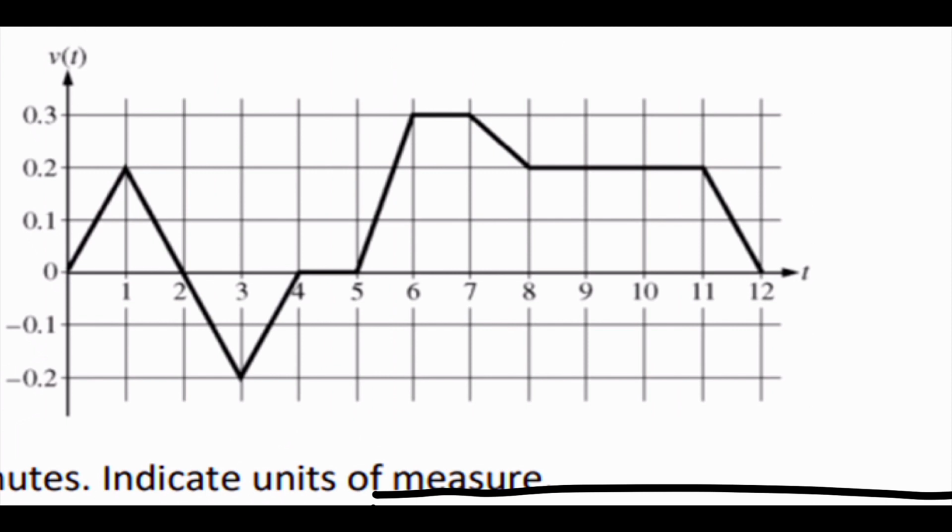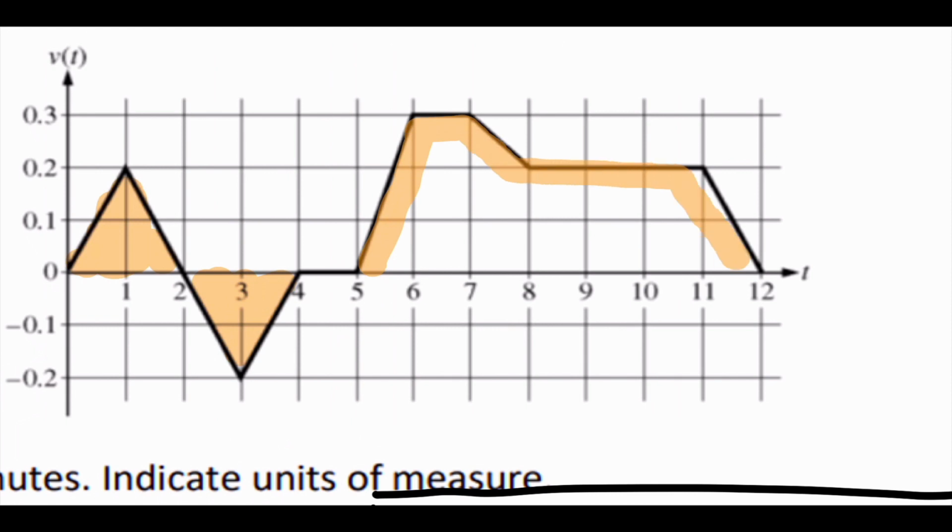Everything's going to be positive. So anything that's below will still be positive. So find area under the curve. There are no negatives, because it's absolute value.